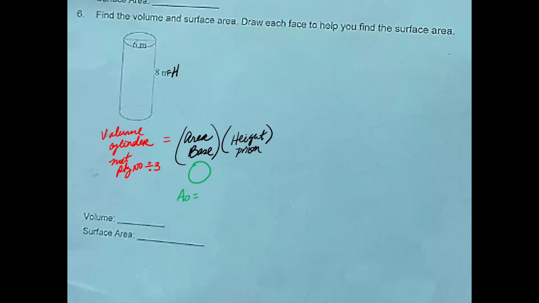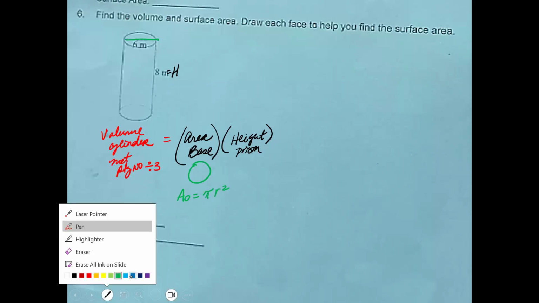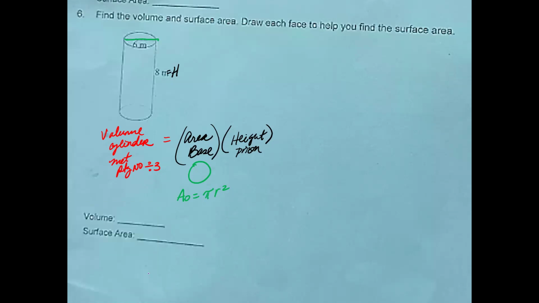What's the area formula for a circle? Pi r squared. So I need the radius. 6 is this entire thing. What is 6? The entire thing. So is that the radius? Diameter. Okay, so then what's your radius? 3. There you go. So pi r squared, what does that equal?